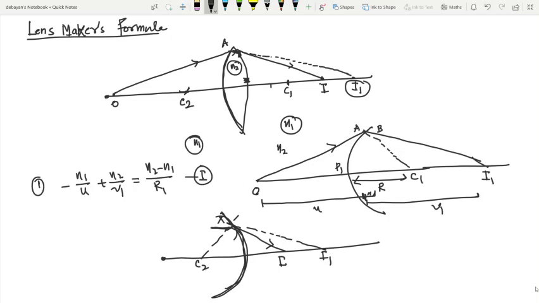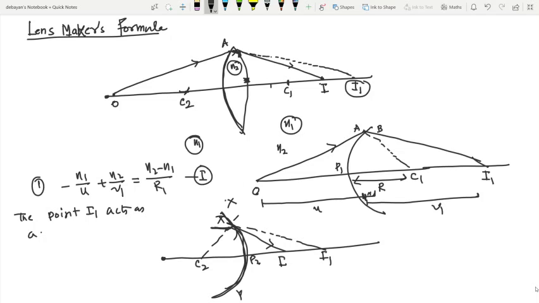That point I1 acts as a virtual object placed in the denser medium for the spherical surface.